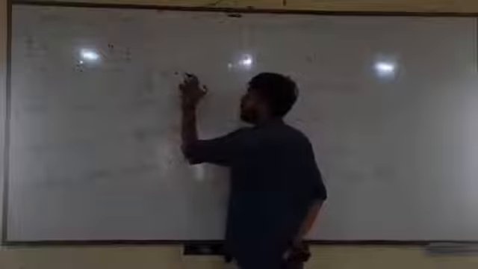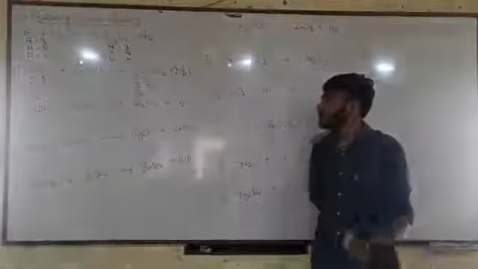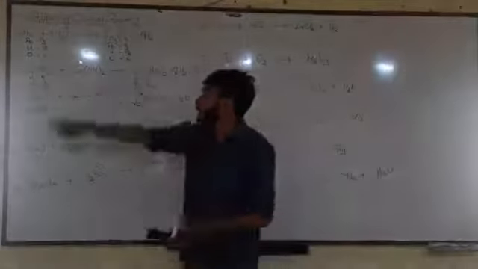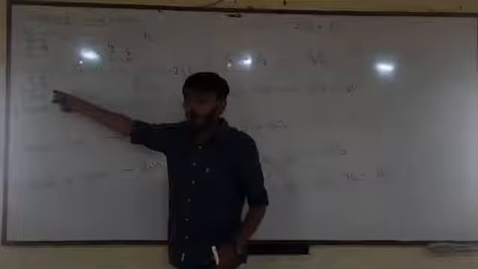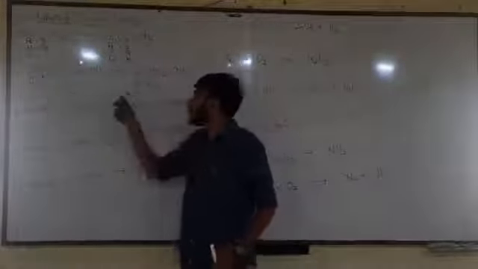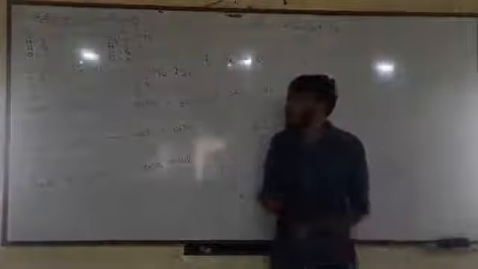So now I am having 4 hydrogen, whereas 3 twos are 6 oxygen plus 2 oxygen, so the total number of oxygen will be 8. I hope you are clear with this. I have balanced each and everything. Here I am having 4 hydrogen, 4 hydrogen, 2 nitrogen, 2 nitrogen, 8 oxygen, 1 calcium, 1 calcium. So I hope you are clear with this.